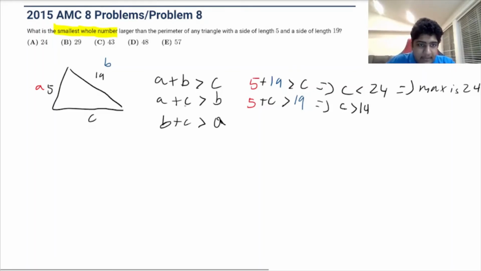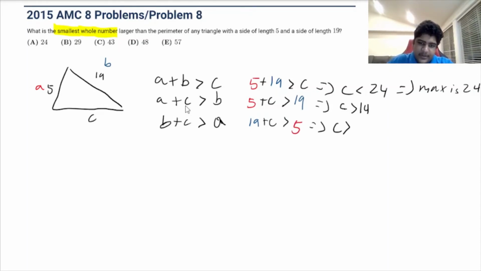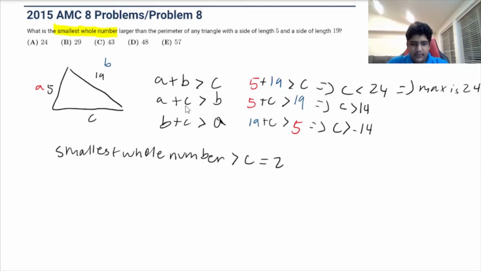And finally, we have 19 plus C is greater than 5, and this means that C is greater than negative 14, which is obviously true because C is a length. So we know that the smallest whole number greater than C is 24.